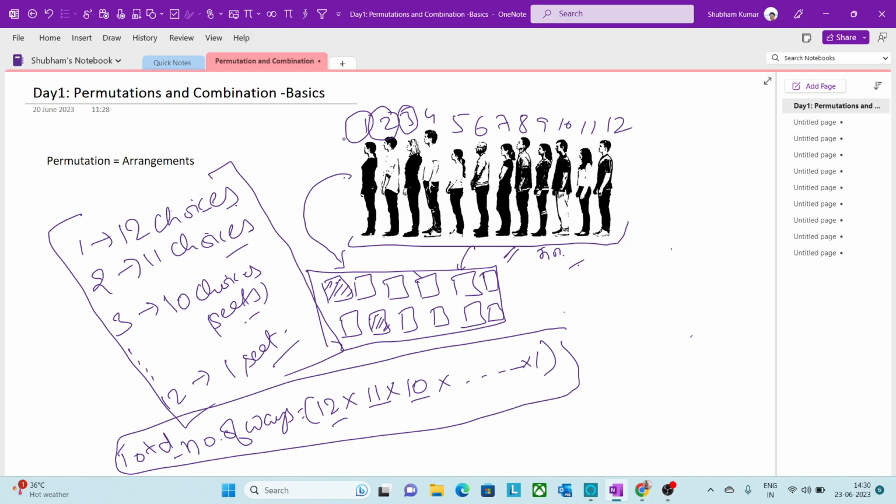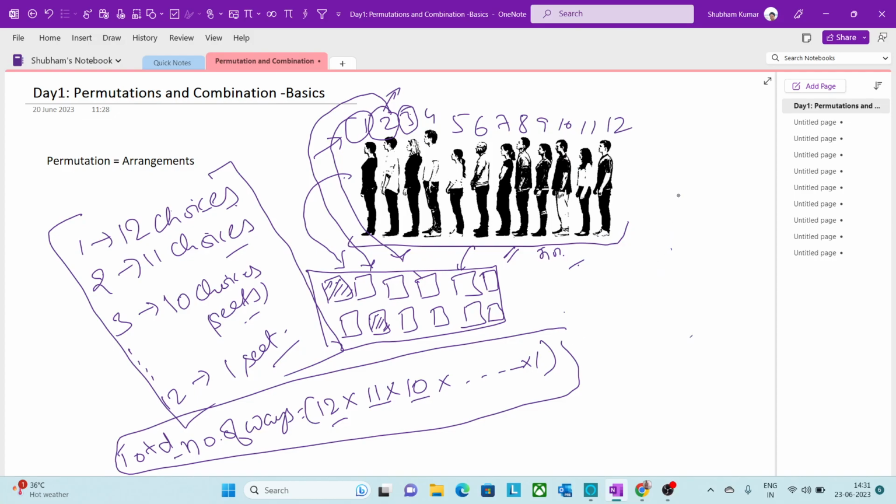Let's suppose we are not taking person 1, but we are starting with person 2. Person 2 will have 12 choices, and then person 1, if coming next, will have 11 choices, then person 3 would have 10 choices, and so on.